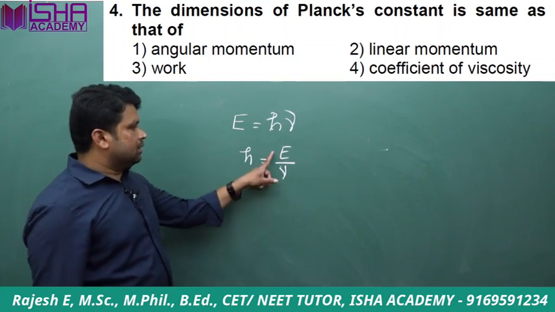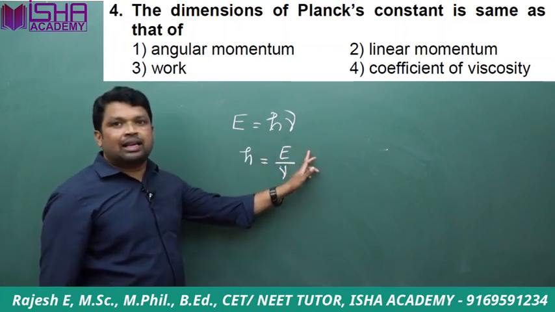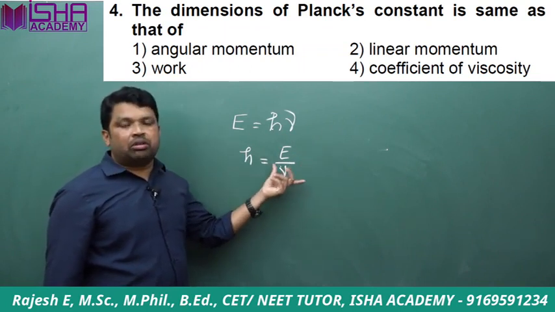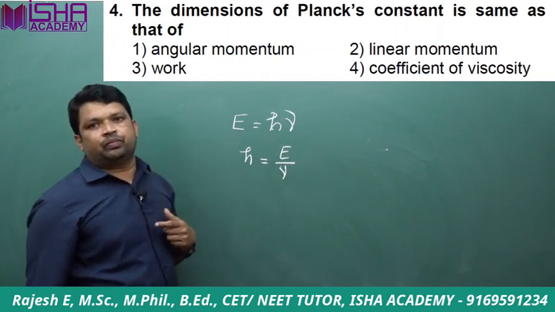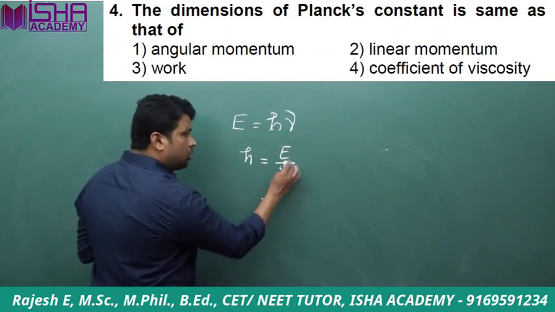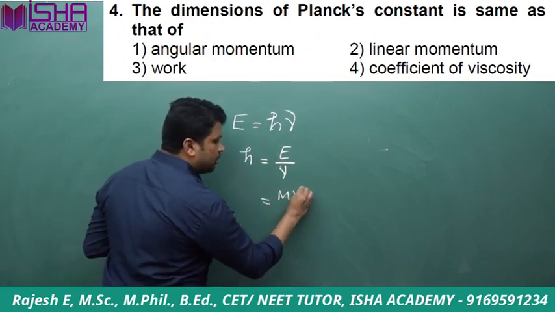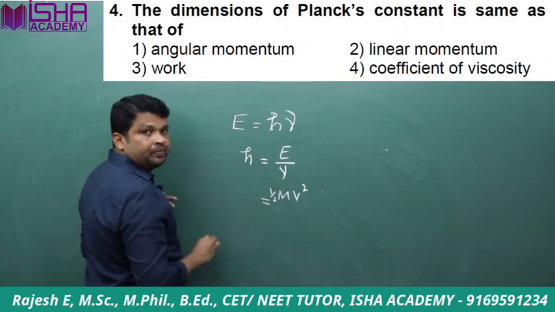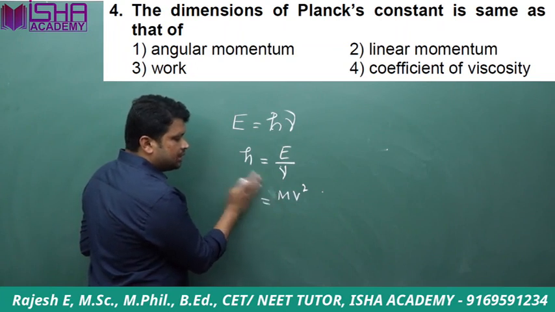Remember, this energy we have to convert in terms of length, time and mass. Even nu also we have to convert into length, mass or time. So we are going to convert this energy, and this energy is half m v square. Half is dimensionless, so this will not be considered.